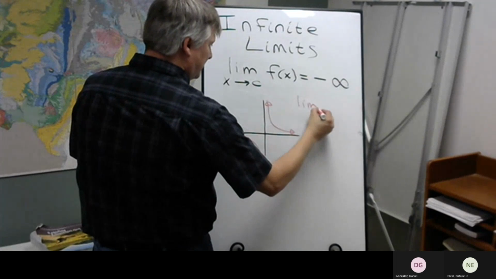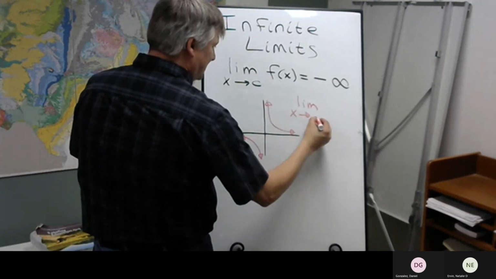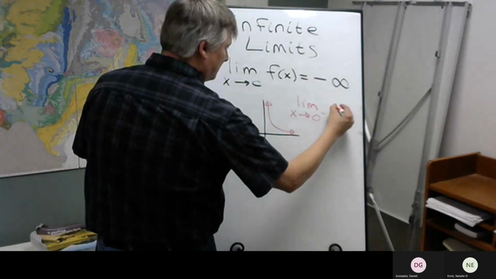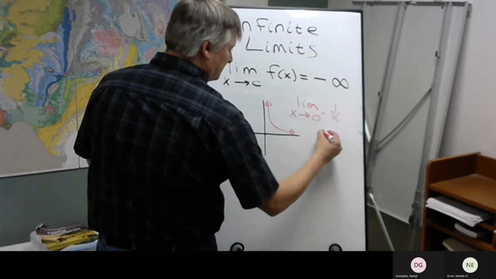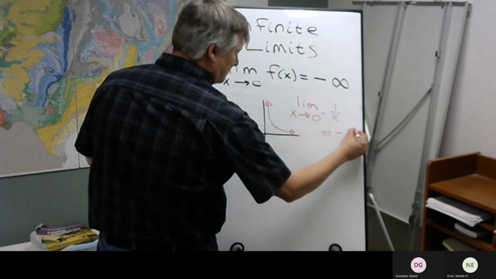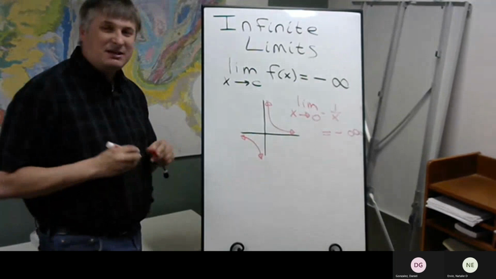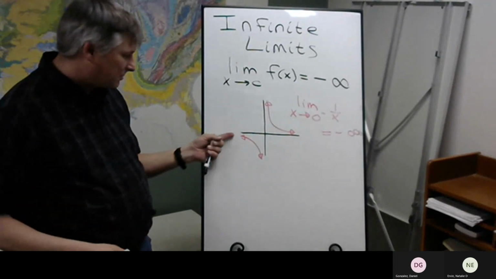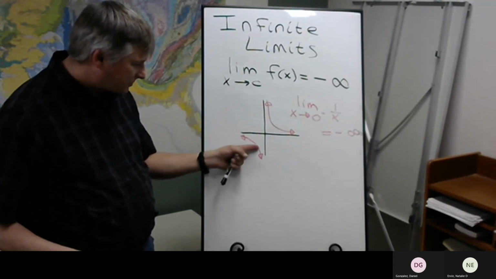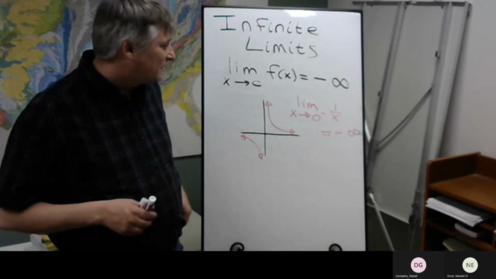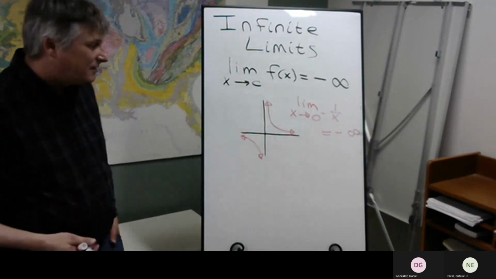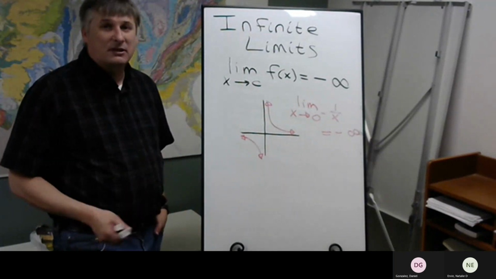So here the limit, as x approaches 0 from the negative side, of 1 over x, that's going to be negative infinity. So you approach from this side, f of x just drops and drops and drops. So that's the idea of having this negative infinity for a limit.